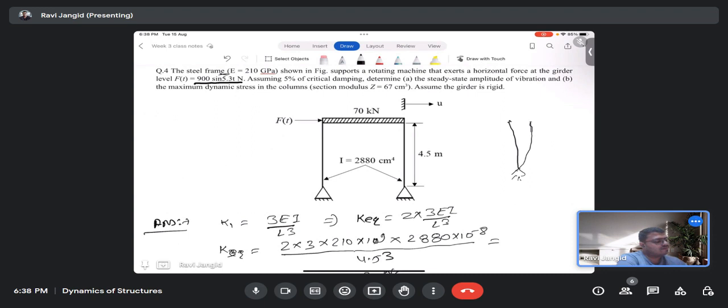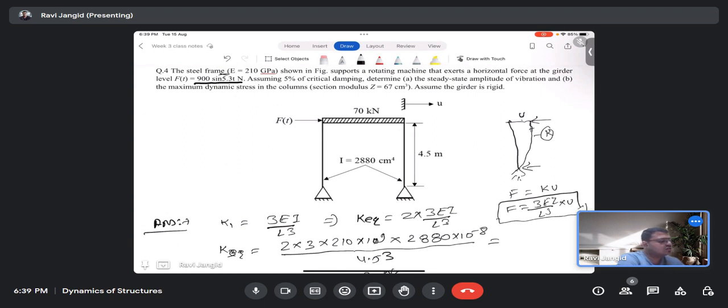this one is U, and K is the stiffness. So what will be the force developed here, at the bottom? That would be K into U. K is 3EI by L cube, into U. That is your force.